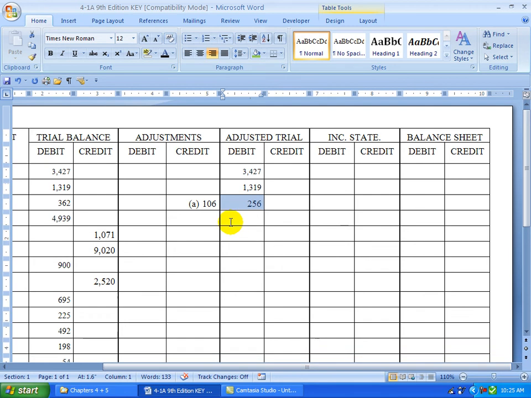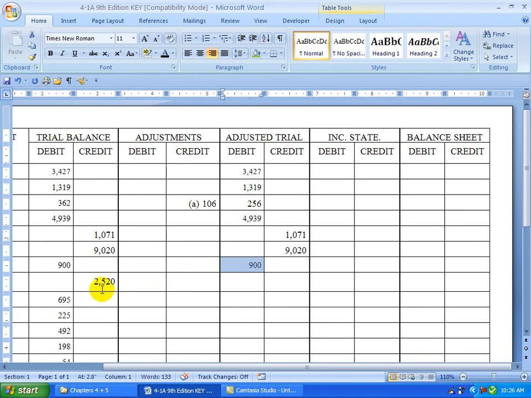The equipment, we put down how much we paid for it, hasn't been adjusted, so you're going to bring $439 over. Same thing, accounts payable. Accounts payable is not adjusted, so we're going to bring this credit over to this credit column. Capital has not been adjusted, so this balance of capital comes over here as a credit. And the debit has not been adjusted, so we're bringing the debit to drawing over here as a debit.